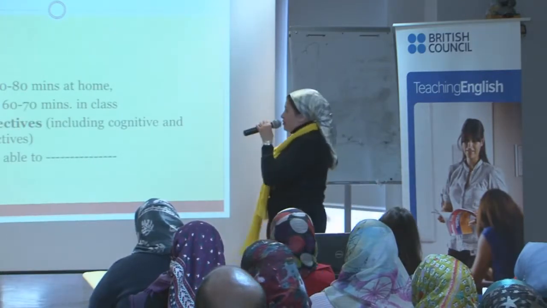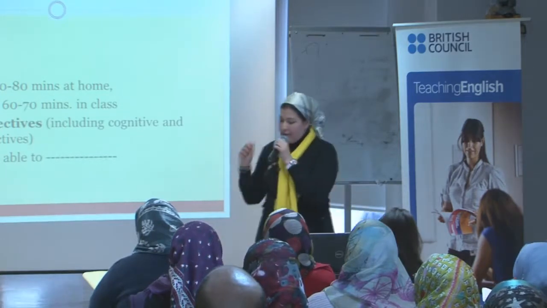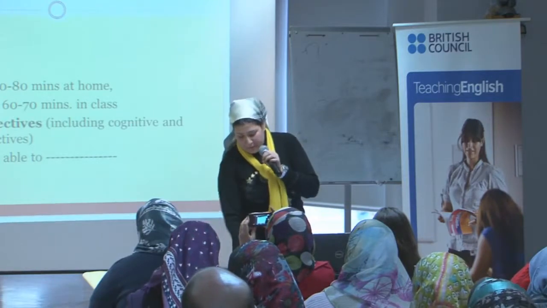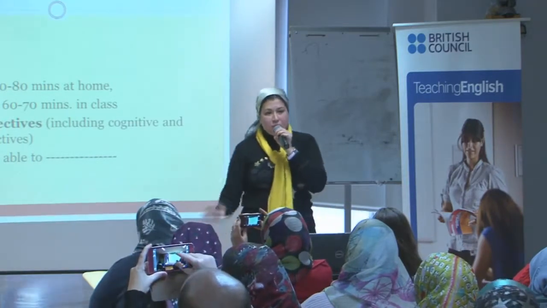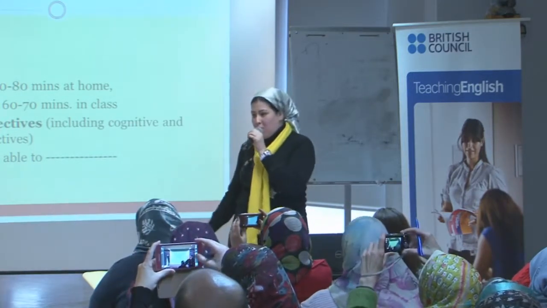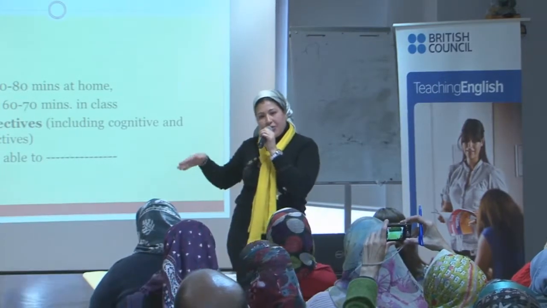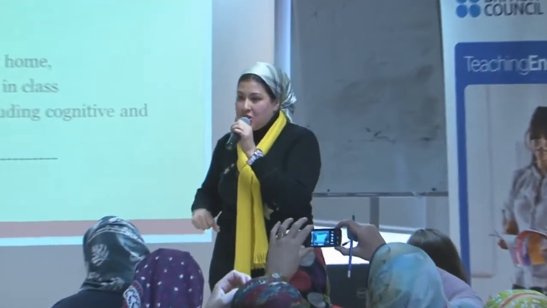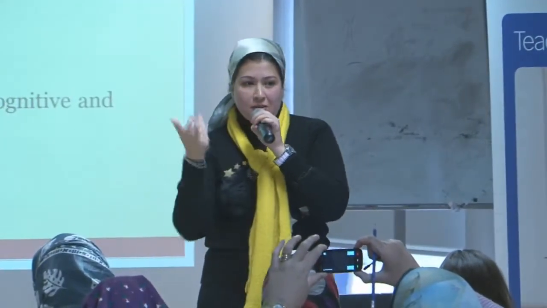This is a flipped plan, and I'm going to ask you now, together in groups. I'll give you charts, and you'll not write a whole plan, but we will have a table of 3 columns, and I'd like you to think of a lesson that you used to teach in the classroom and flip it.